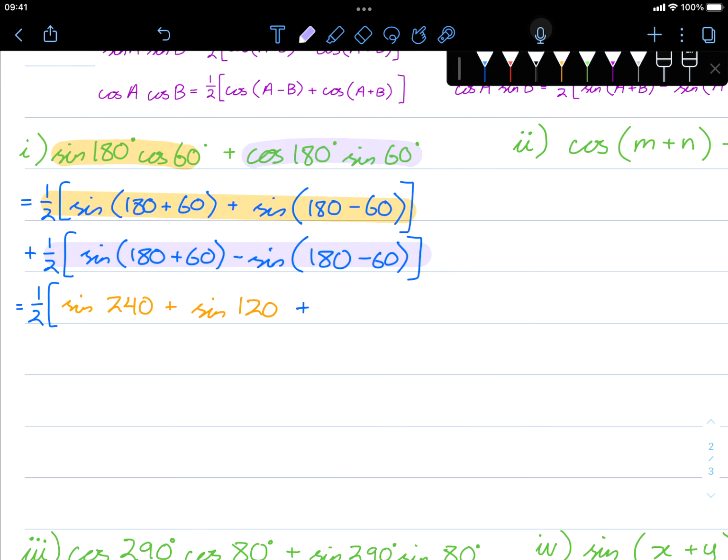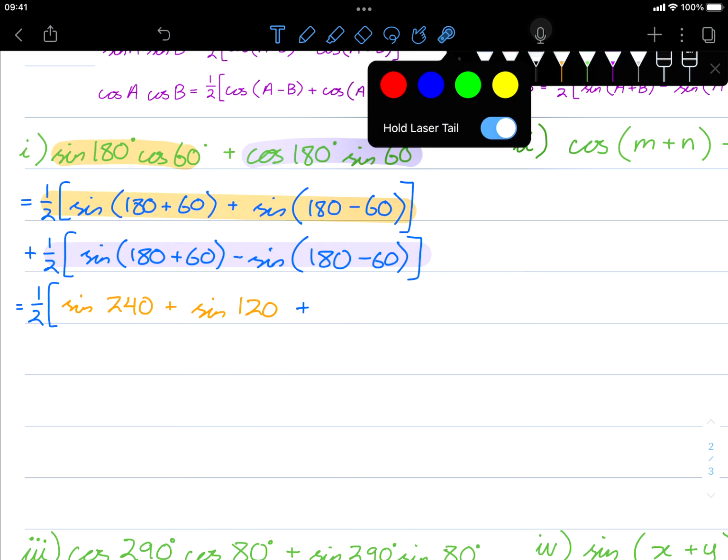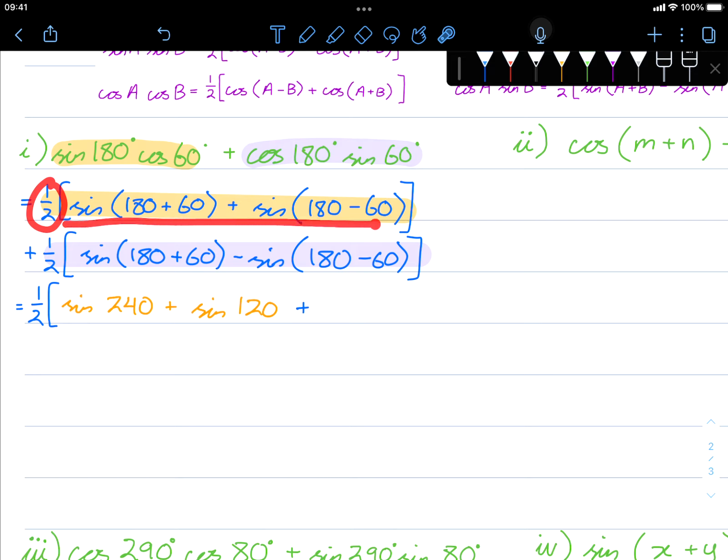So we factored out the half from this expression, plus we're factoring out the half now for this expression shown here. So it's going to be sine 240 minus, because there's that minus there, 120. Oop, not 120, sine 120, my apologies.